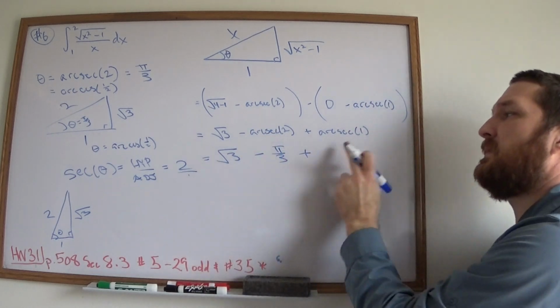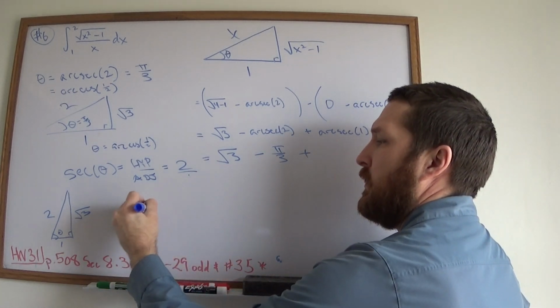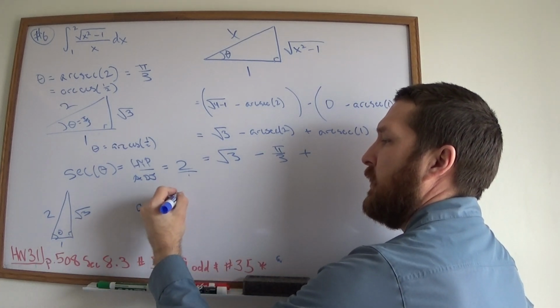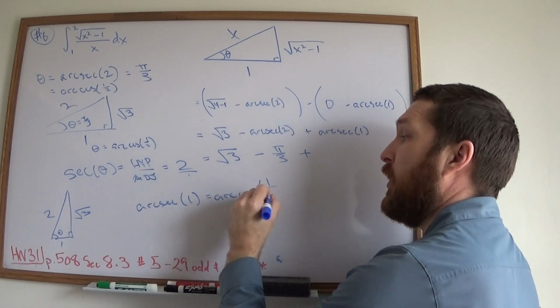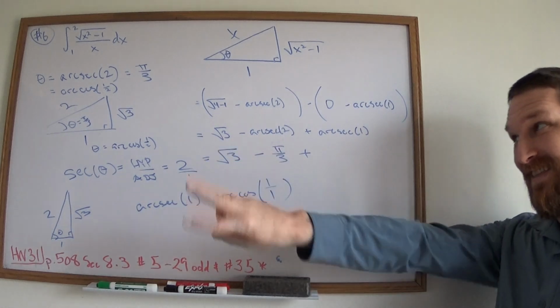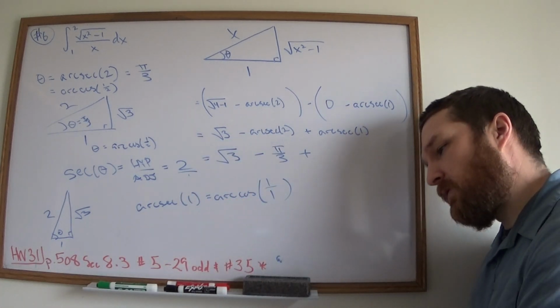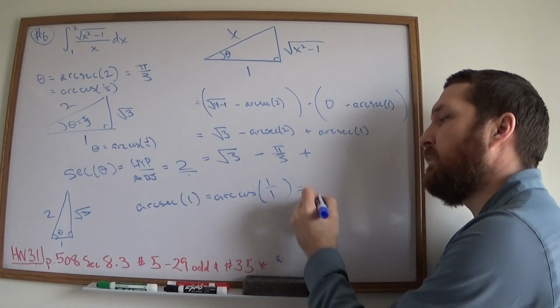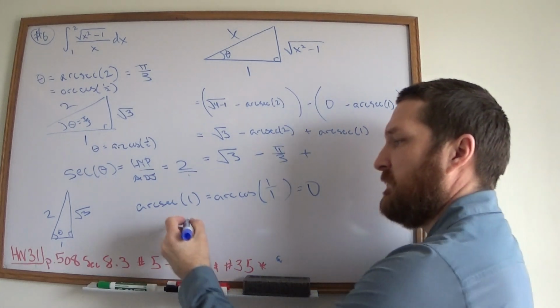And we add now arc secant 1. Okay, so arc secant 1 is the same thing as arc cos 1 over 1, right? And so arc cos of 1, you plug something into cosine, got out a 1, I guess the angle must have been 0.